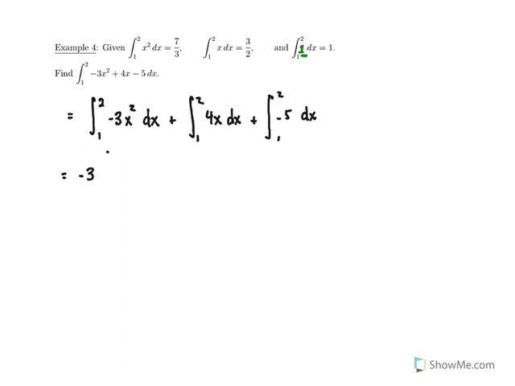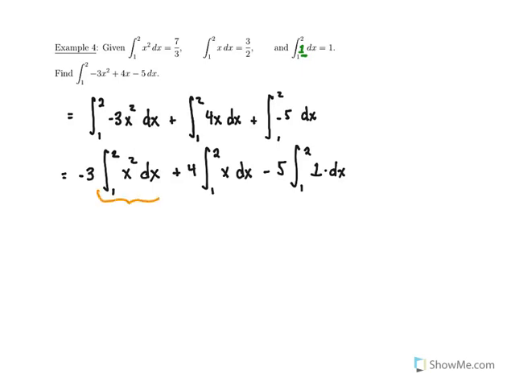We have negative 3 times the integral of x squared plus 4 times the integral of x minus 5, the integral of 1. And we know what those values are.